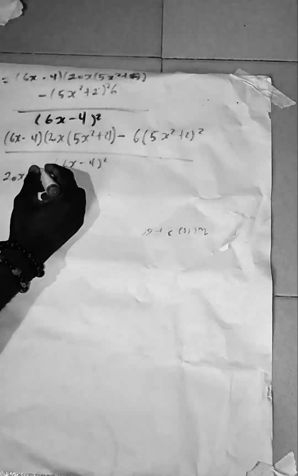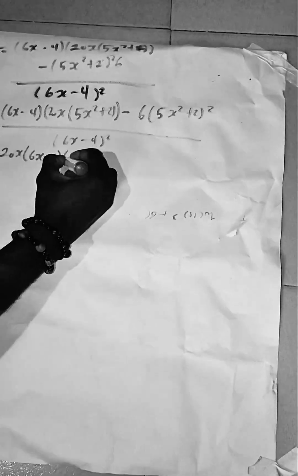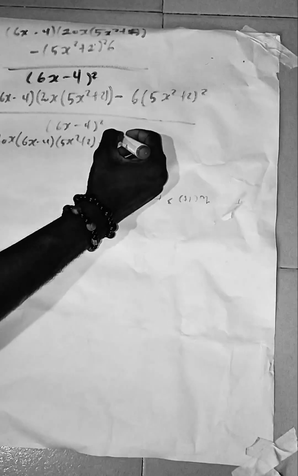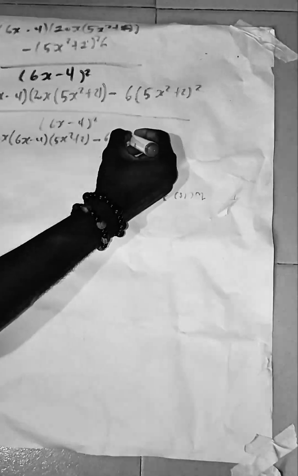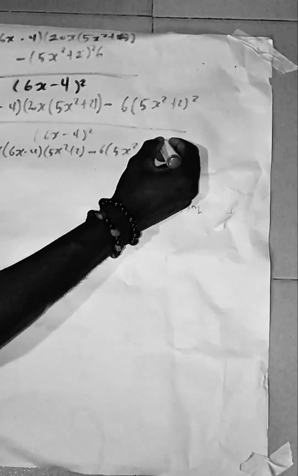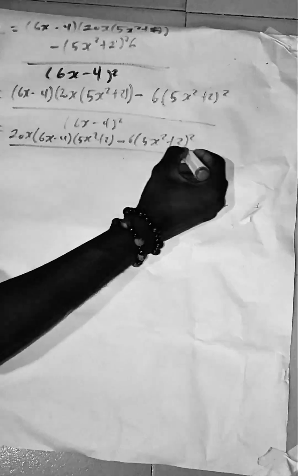So let's simplify this. It's going to be 20x open bracket 6x minus 4 times 5x squared plus 2, and minus 6 open bracket 5x squared plus 2 all squared, all divided by 6x minus 4 squared. So this is our final answer.